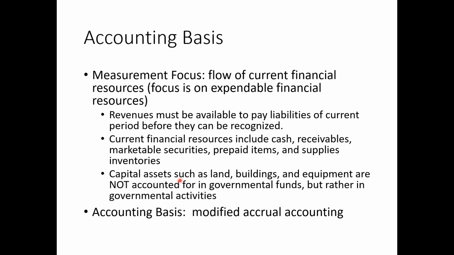Capital assets such as land, buildings, and equipment are not accounted for in governmental funds, because they're long-term assets. Long-term assets and long-term liabilities are not covered by fund accounting.